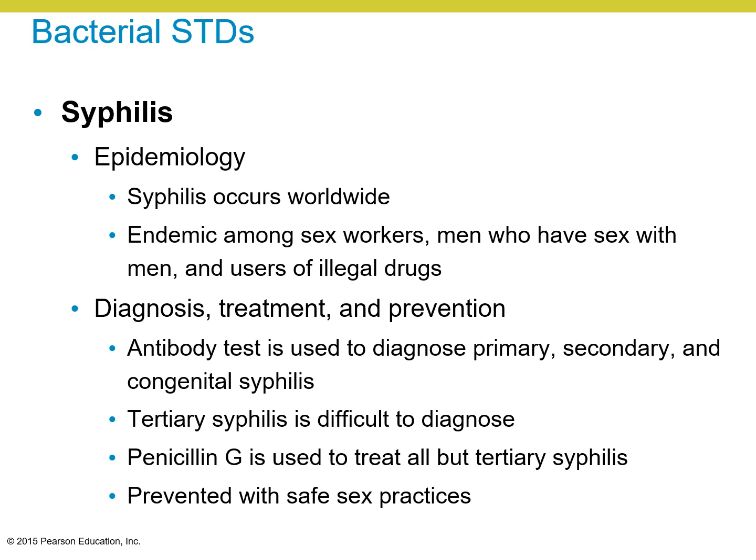Tertiary syphilis is difficult to diagnose until a gumma forms. Penicillin G is usually used for the treatment of all types of syphilis apart from tertiary syphilis. And prevention is safe sex practices.